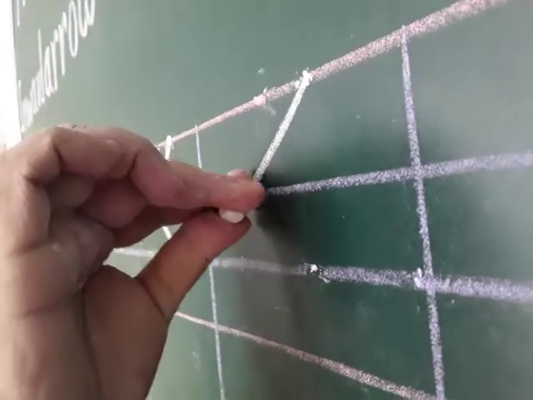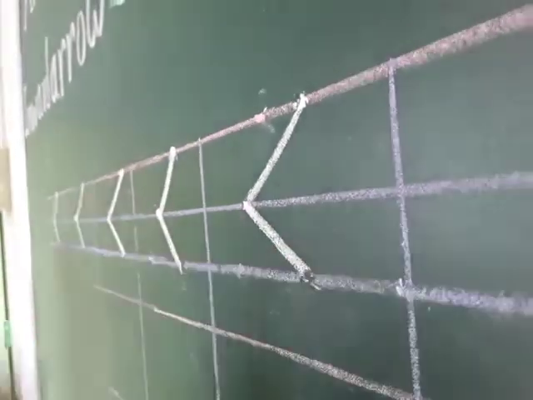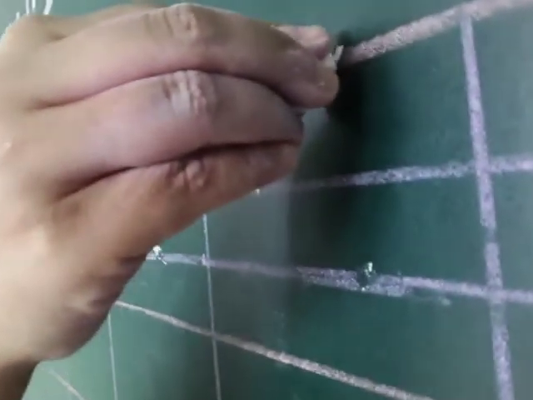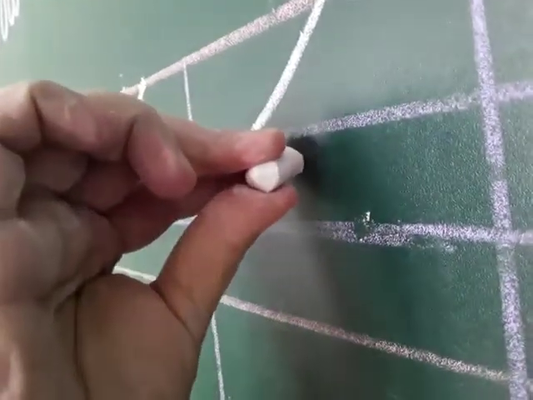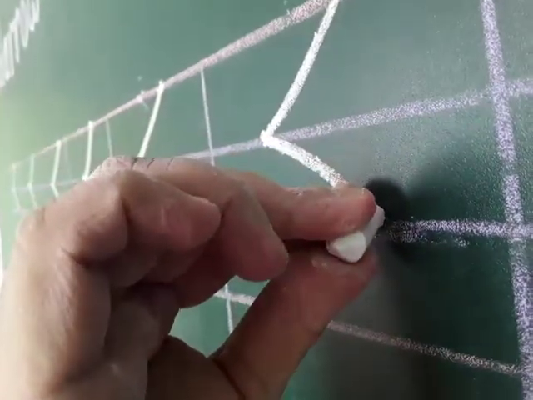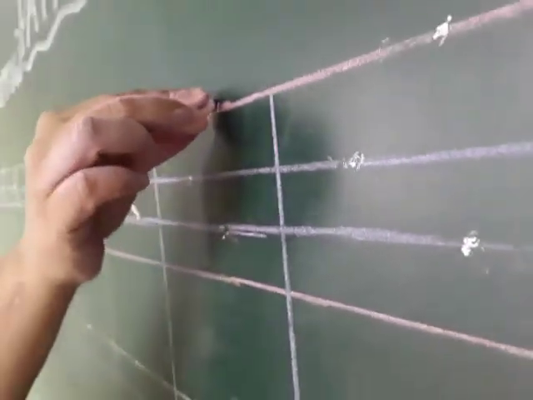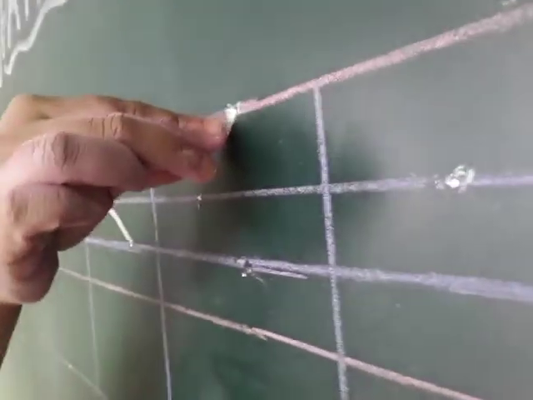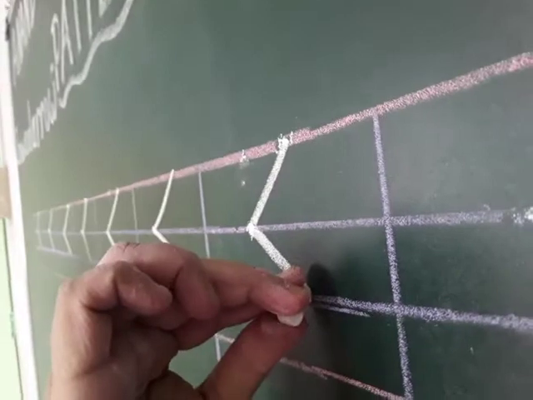Come down, continue and complete for last dot. Come down, join the dot carefully. Right slanting line, left slanting line.